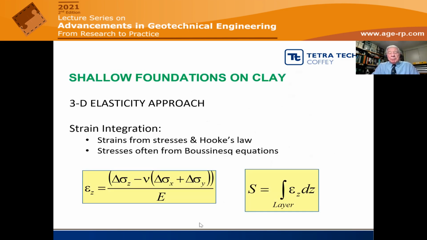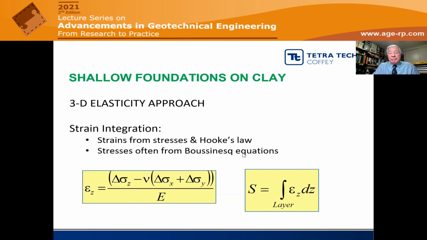And another approach, which is just a more detailed approach, is that you can use the calculated stresses within the soil mass due to the loading, together with Poisson's ratio and modulus of the soil, to calculate the settlement by integrating the strains over the layer thickness.